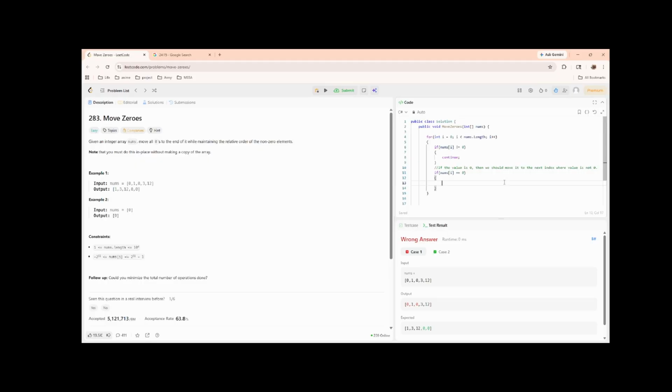But what if the test case is like 0, 1, 0, 0, like this? Well, if everything is 0, then I guess fine.